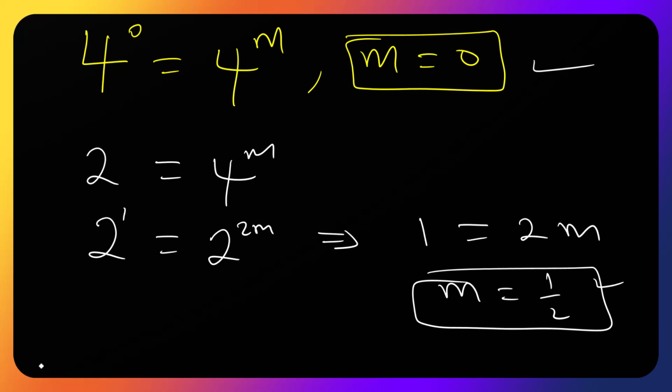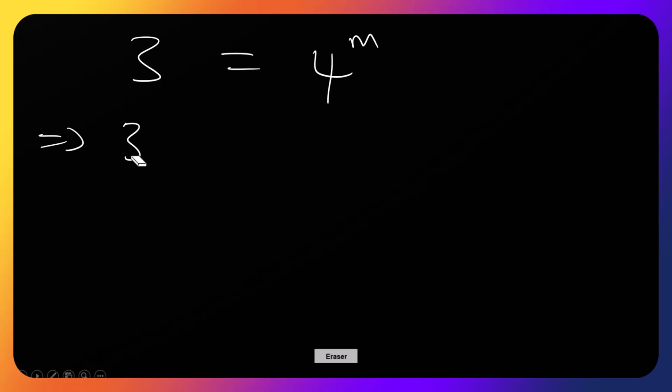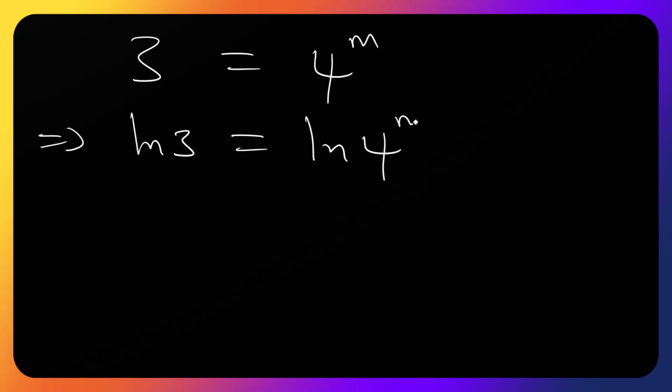Let's do the last one. When y is 3, we have 3 equals 4 to the power of m. With this, you can take log on both sides. We have ln of 3 equals ln of 4 to the power of m. By the power rule, that would be ln of 3 equals m ln of 4.